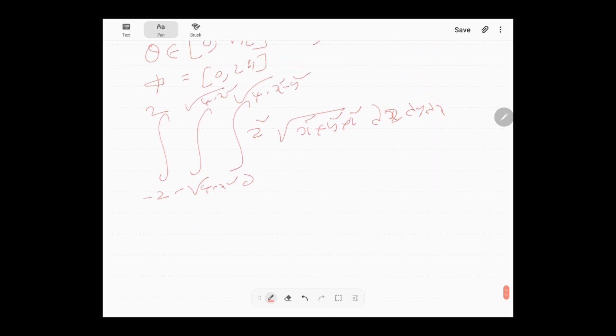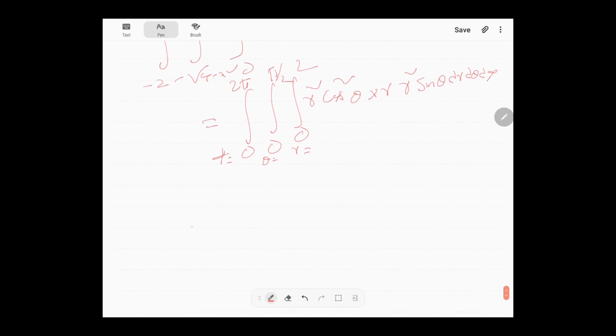Now, if I convert this into spherical polar coordinates, z is r cos theta, z square is r square cos square theta, x square plus y square plus z square is r square, square root of r square is r, dx dy dz is r square sin theta dr d theta d phi, and r limits are 0 to 2, theta limits are 0 to pi by 2, and phi limits are 0 to 2 pi. These are the phi limits, these are the theta limits, these are the r limits.